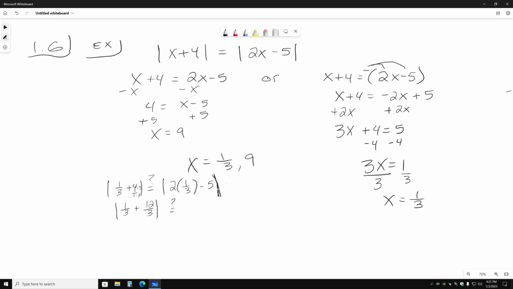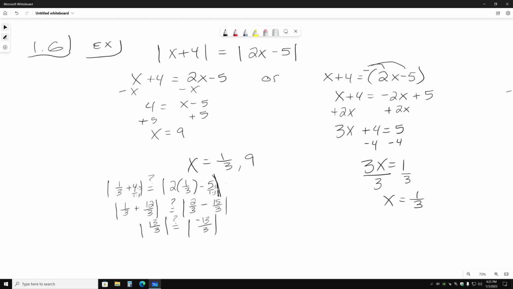We want to see if that's equal to the absolute value of 2/3 minus, again, we need a common denominator of 3, so this 5, we'll put it over 1, multiply by 3 over 3, and that gives us 15 over 3. So we get the absolute value of 13 over 3 when we add our numerators and keep the denominator. We're checking if that's equal to the absolute value of 2 minus 15 is negative 13 over 3.